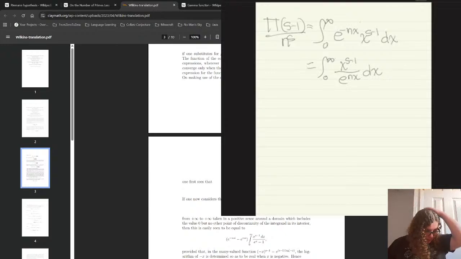Okay, wait. I'm going to rewrite this integral again: x to the s minus 1 over e to the x to the n.